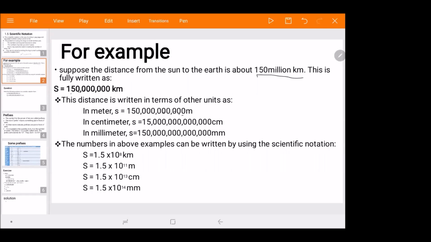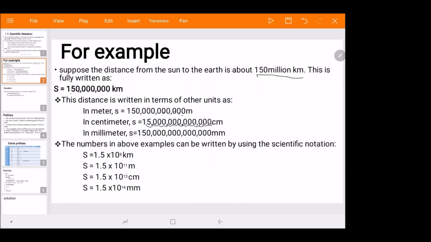Again, if you take it in centimeters, you must start from the right and count to the left. For example, 1, 2, 3, 4, 5, 6, 7, 8, 9, 10, 11, 12, 13.